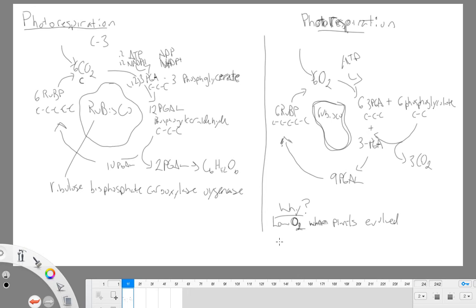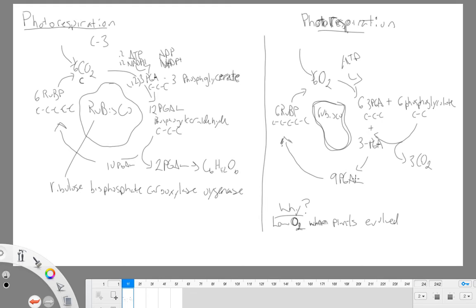When there's a lot of oxygen in the cellular environment, it can interact with ATP and it can cause damage to the cells. So as you see in this process, it does get rid of oxygen and converts it through this long pathway to carbon dioxide. So this could be a way of getting rid of excess oxygen that could otherwise damage cellular tissue, right? So there may be some benefits.